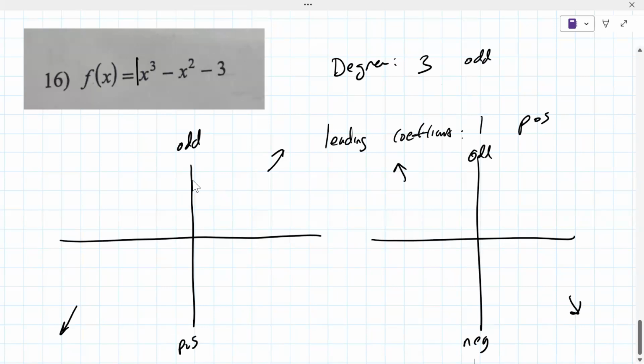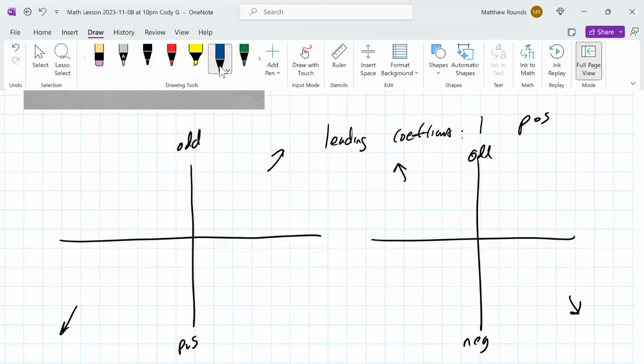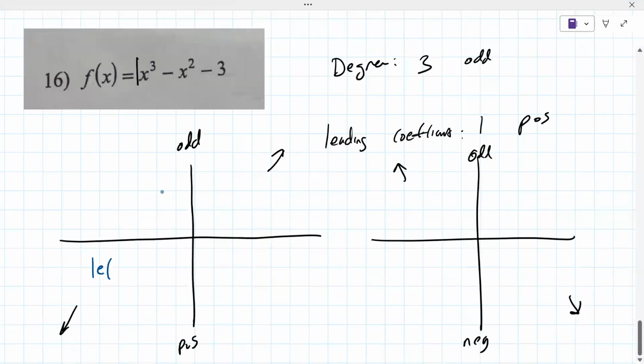Okay. So the way your teacher described this is on the left and then on the right. On the left here, is it rising or falling? It's falling. And on the right, is it rising or falling? Rising.